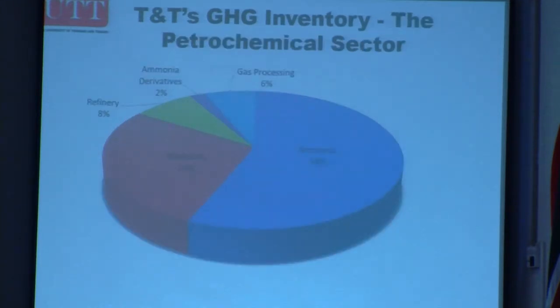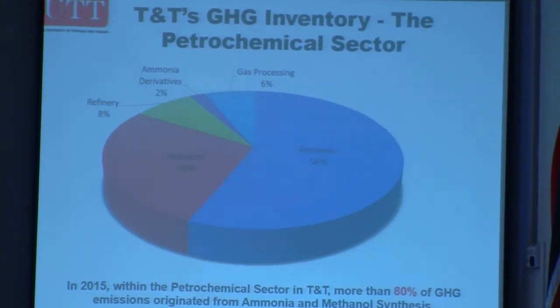When we look at the petrochemical sector, we see that within that sector, these two subsectors, that is, ammonia and methanol synthesis, contribute for over 80% of the emissions therein.